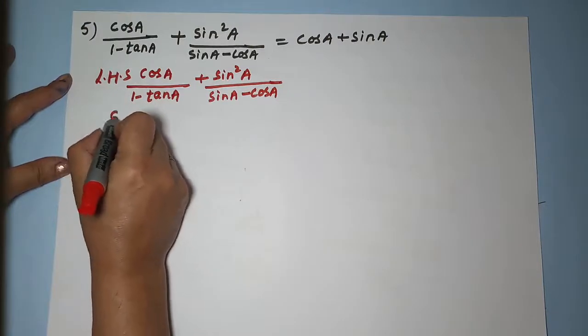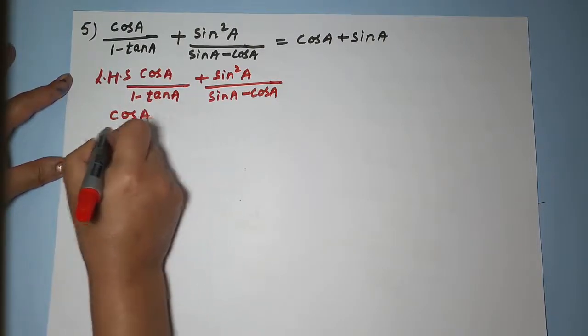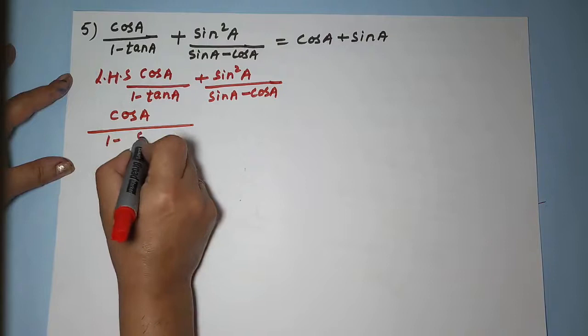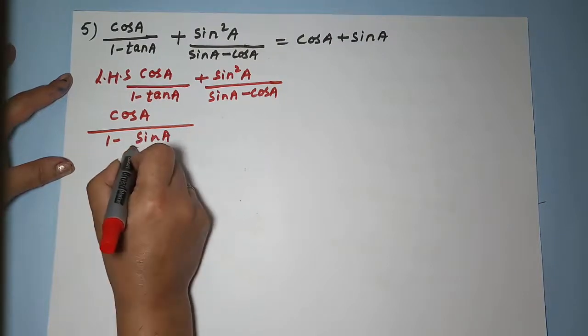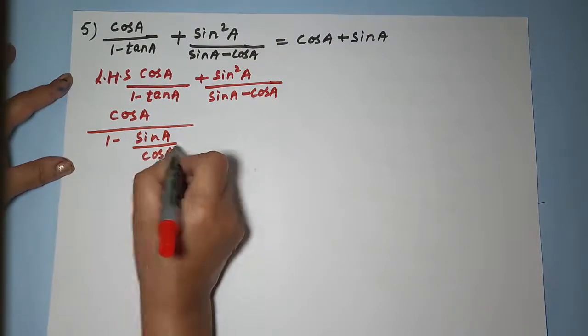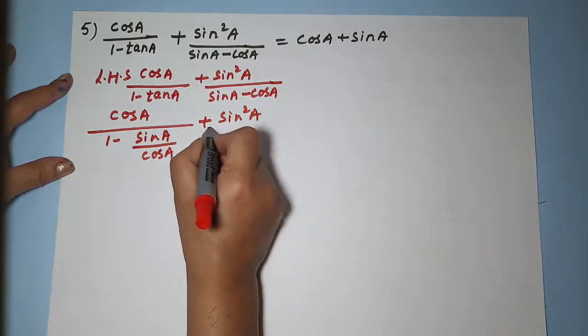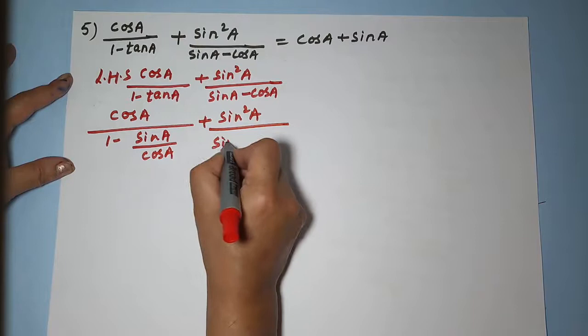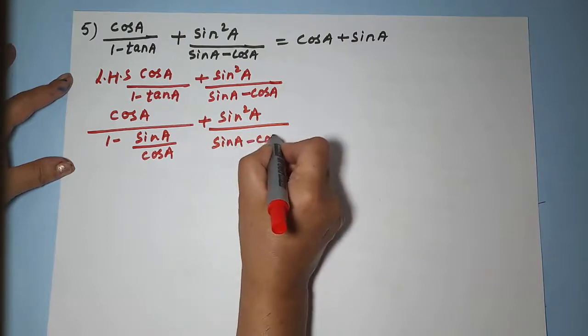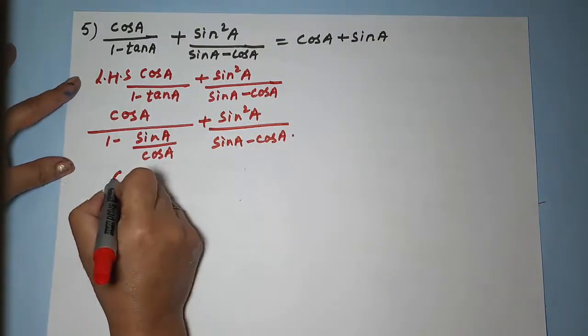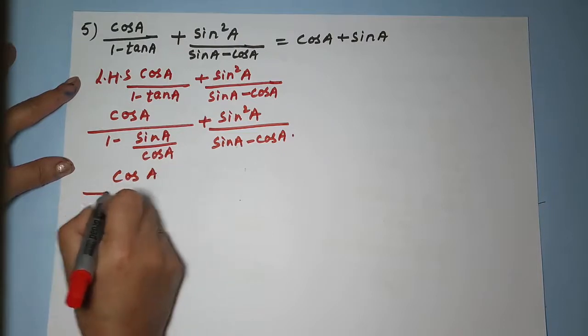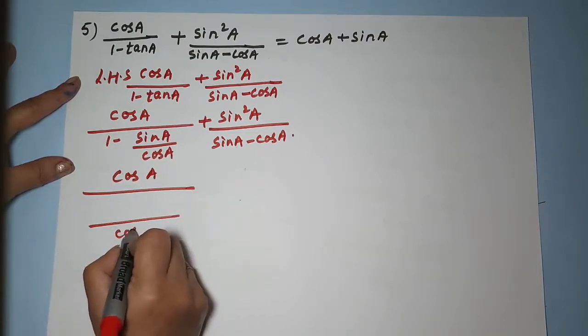What will we get? We will get cos A upon 1 minus sine A by cos A plus sine square A upon sine A minus cos A. Now cos A upon, I can take cos A as LCM here.